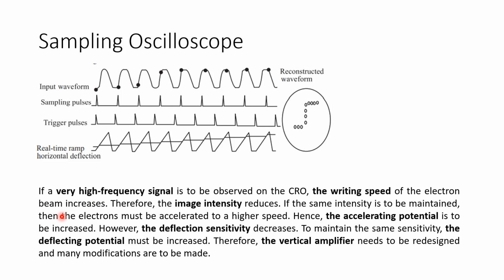If we increase the writing speed of the electron, the image intensity will be reduced. So if we want to maintain the image intensity on the screen, we have to accelerate the electron to a higher speed.